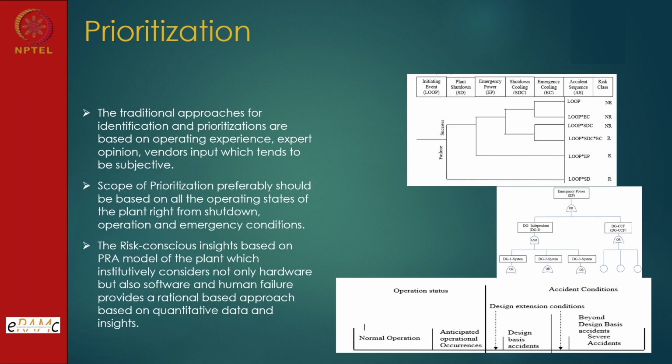So prioritization has been done, and again we go back to the plant level. Suppose the change that we are reflecting was in some system, on any of the safety systems, and those safety systems are related to the loss of offsite power initiating event.